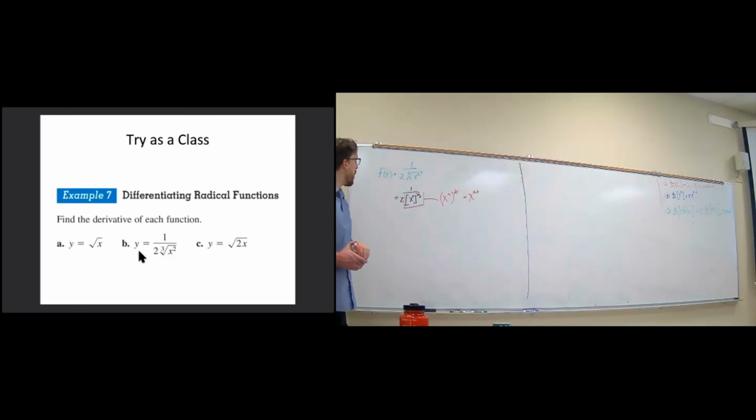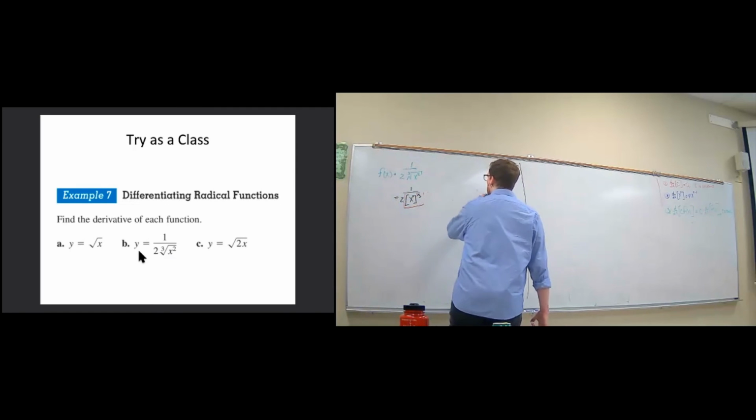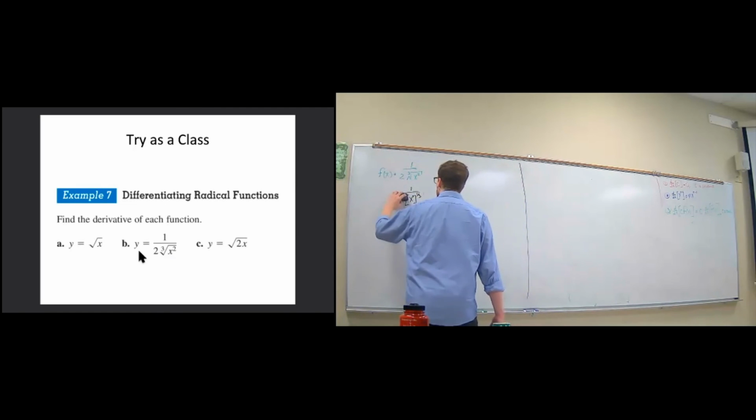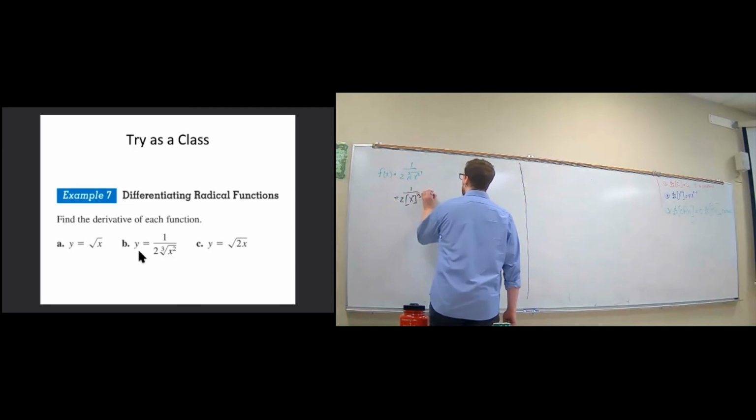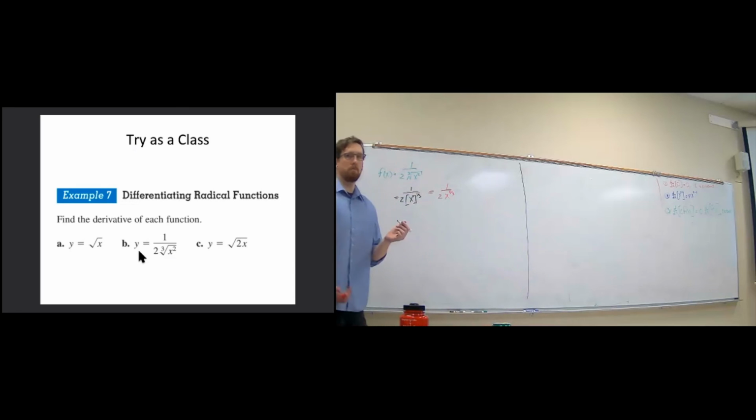It's one of our algebra rules dealing with powers. So we're going to take advantage of that now. Let's say, all right, this thing is equal to 1 over 2 times x raised to the 2/3 power. 2 times 1/3 is just 2/3.